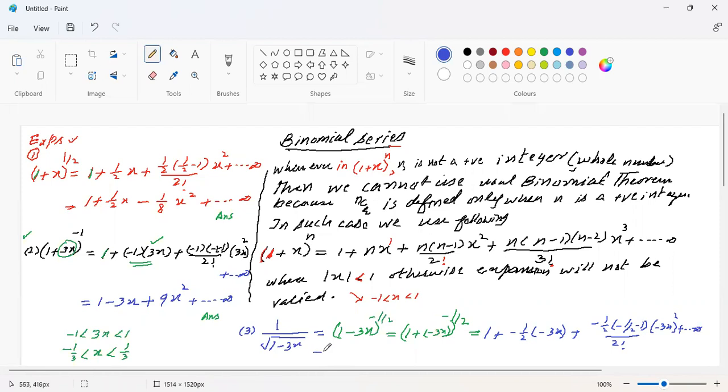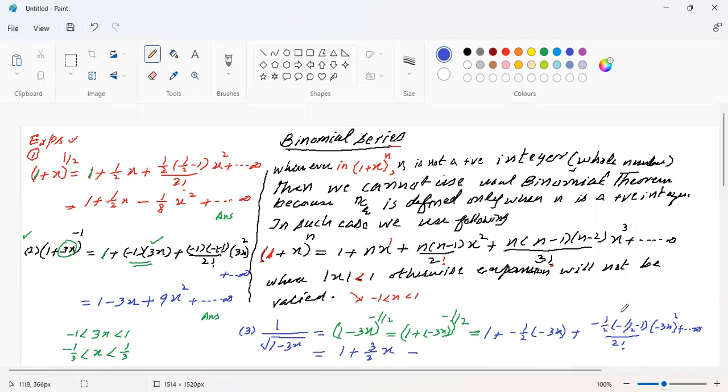Now after simplifications, I want to write the final answer: 1 plus 3 by 2, because after the product of minus 1 by 2 and minus 3 the answer is this, x. And then multiplication of these two terms, it is 3 by 2.